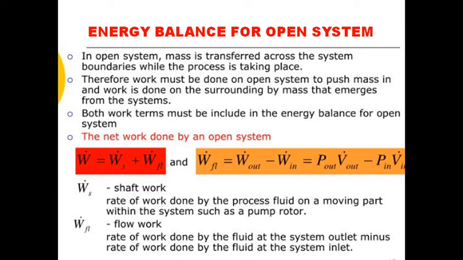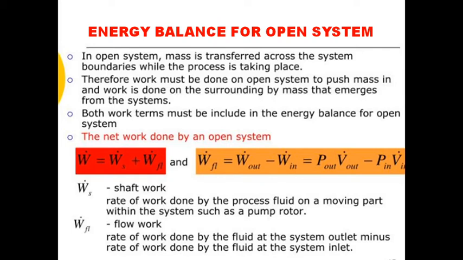Shaft work means the rate of work done by the process fluid on a moving part within the system, such as a pump rotor. Flow work is the rate of work done by the fluid at the system outlet minus the rate of work done by the fluid at the system inlet. Are you clear? Okay.